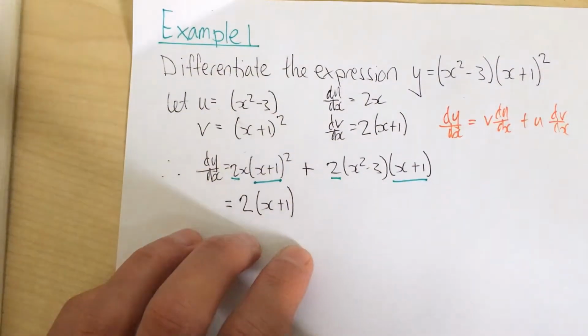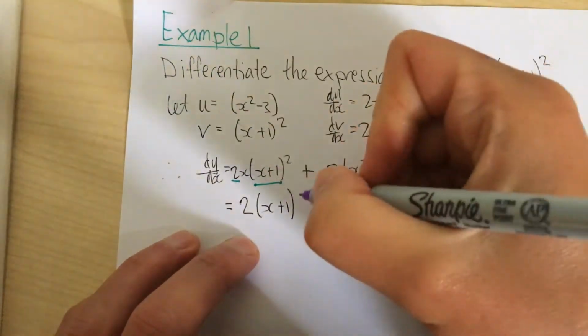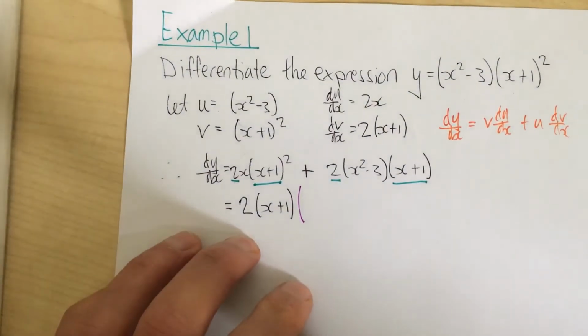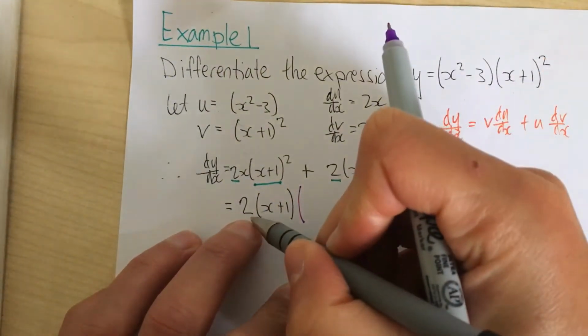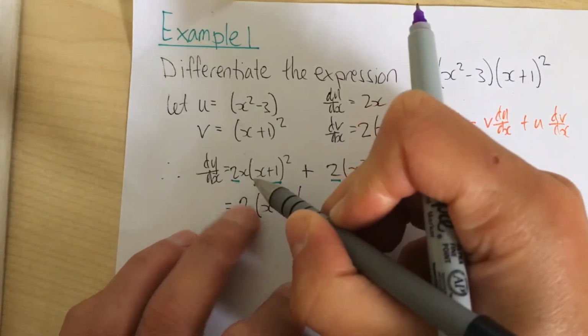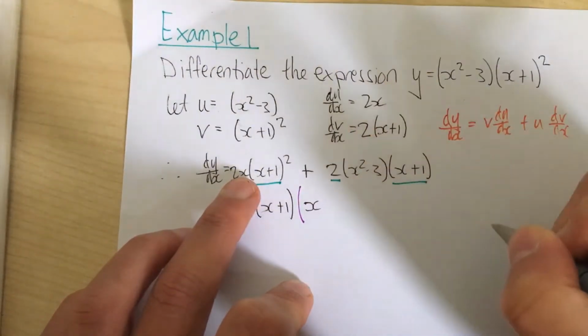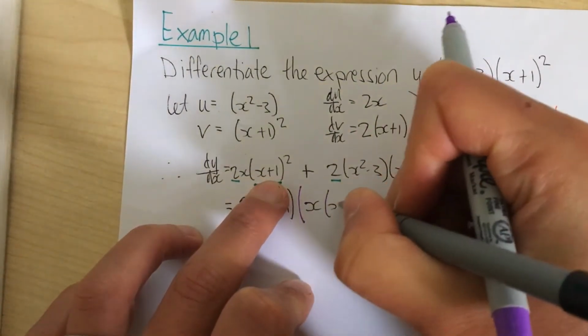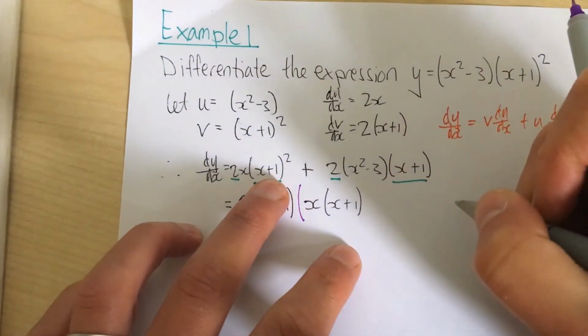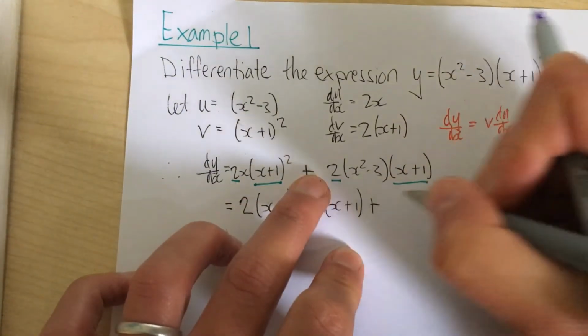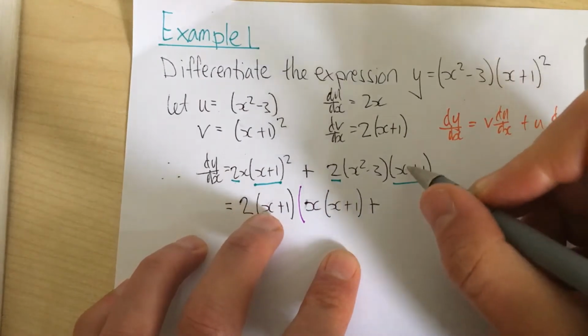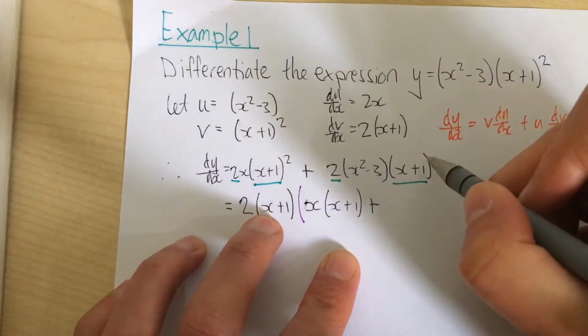I'm just going to use a different colour so we can see, hopefully a bit easier, what we've got here. So 2 times x plus 1 taken out as a factor of this leaves me with x and an x plus 1, plus. Now if I take 2 times x plus 1 out of here, I'm going to lose these two bits.